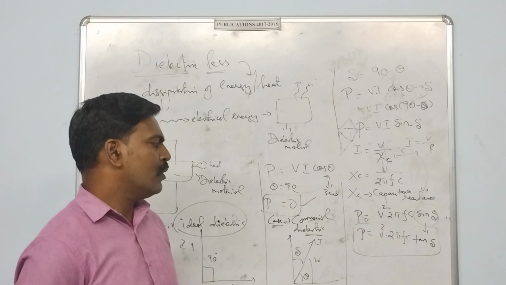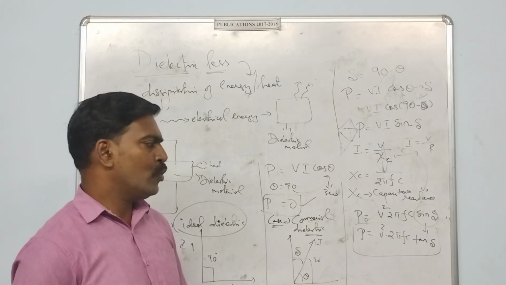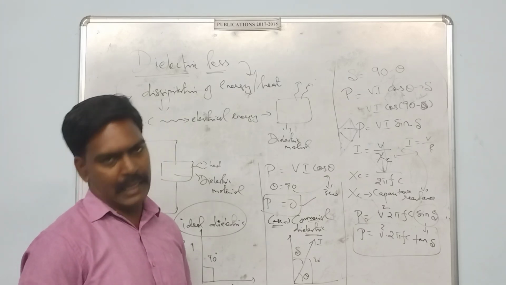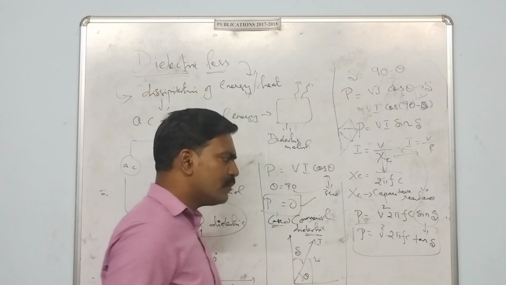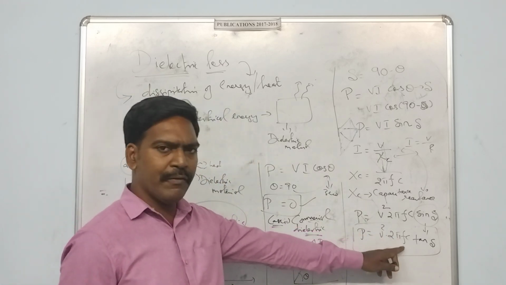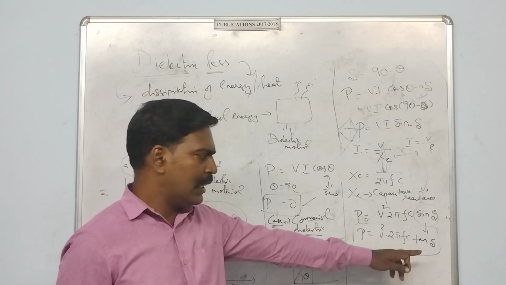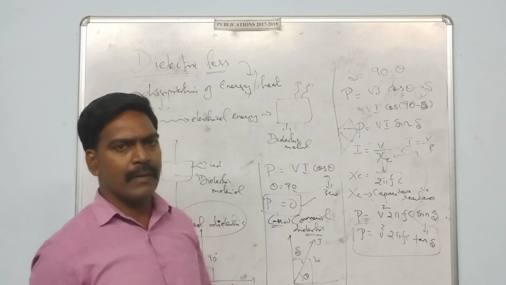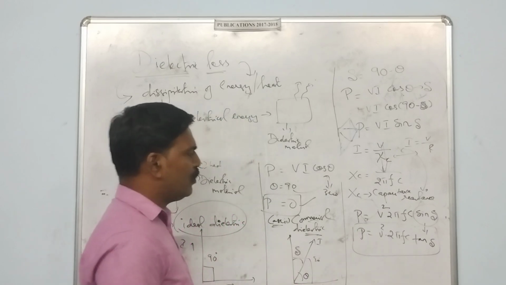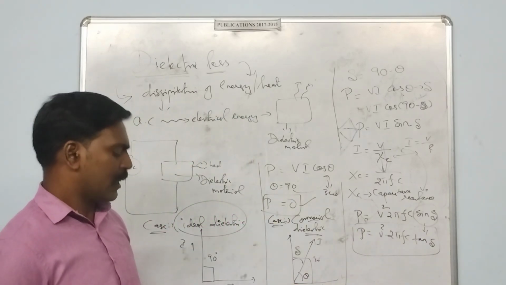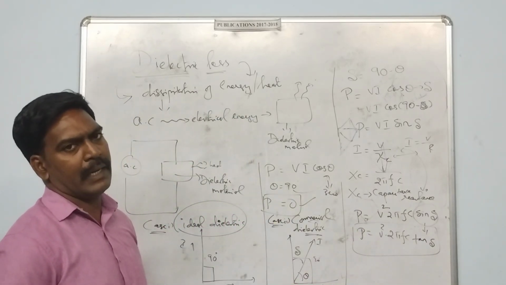This power loss is directly proportional to V square, frequency F applied, capacitance C, and tan del. This is the final expression for power loss when we use the commercial dielectric material.